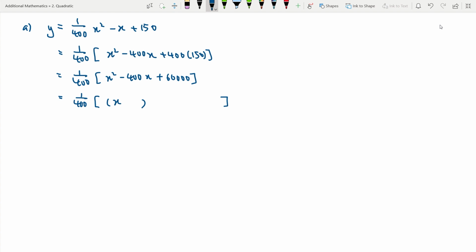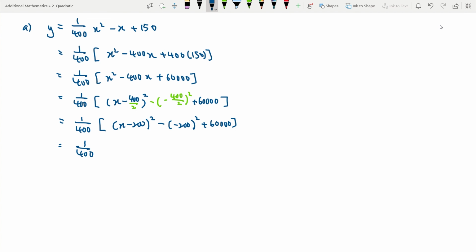We put the x here, the square here, minus b over 2. Then we need to minus negative 400 over 2 squared plus 60,000. We simplify the equation. 1 over 400 bracket x minus 200 squared minus negative 200 squared plus 60,000.